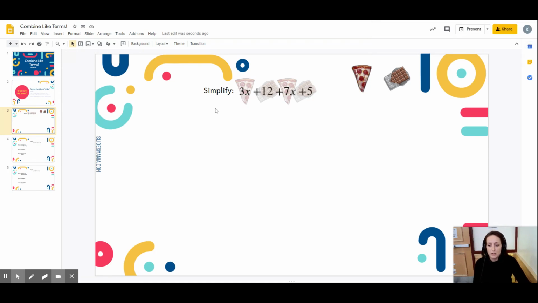So just like before, when you identified the like terms and you put them in the T-chart, we're going to be doing the same thing. So we're going to make our T-chart right here. And we're going to have pizza on one side and chocolate on the other. Just like last class, you're going to take your terms and move them into their corresponding pile.